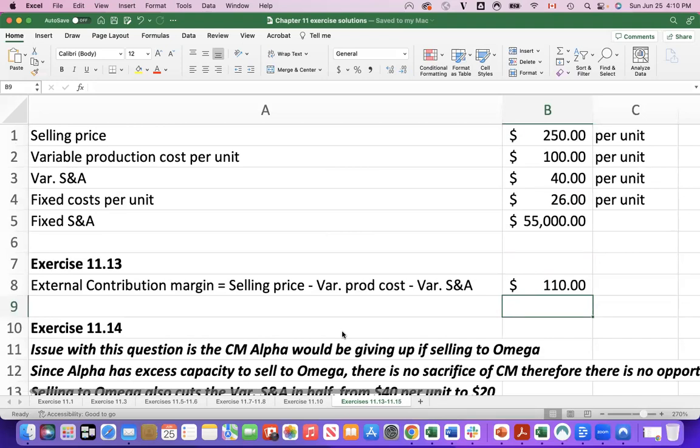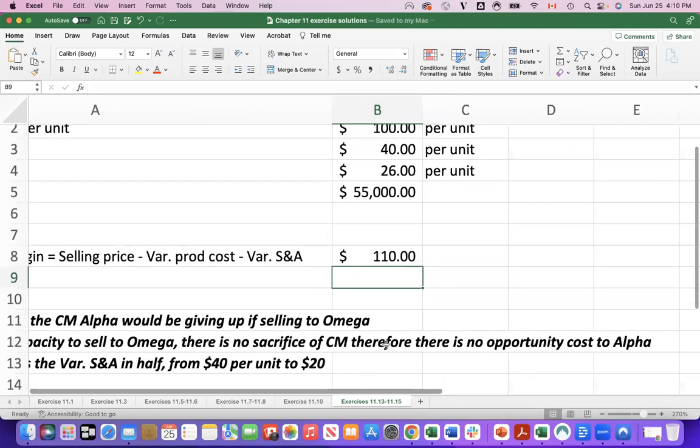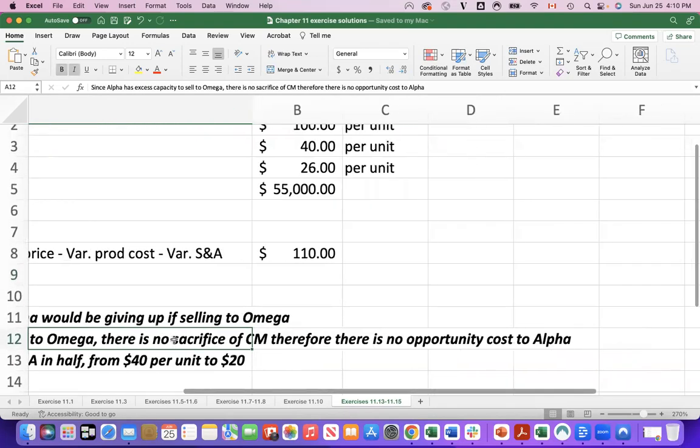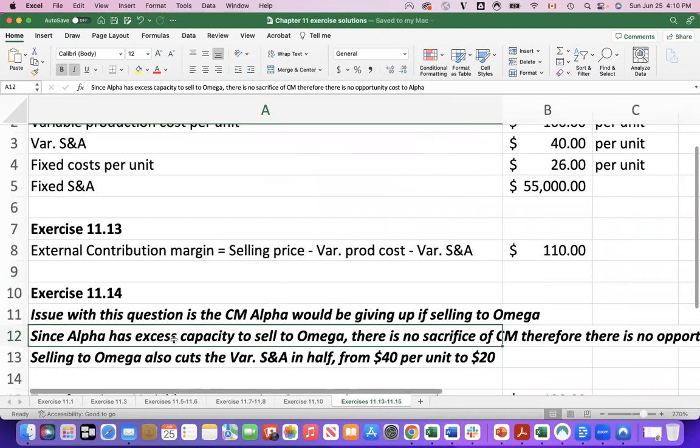Omega wants to buy 1,500 units. So there's enough capacity for Alpha to fit in the Omega order and not sacrifice anything with external clients. So since Alpha has excess capacity to sell to Omega, there is no sacrifice of contribution margin. Therefore, there is no opportunity cost to Alpha. So we don't have to be as concerned with that.